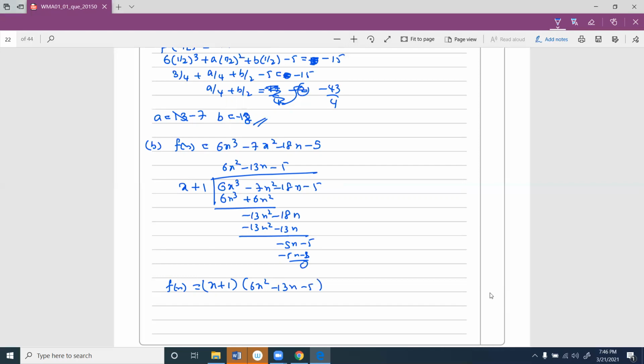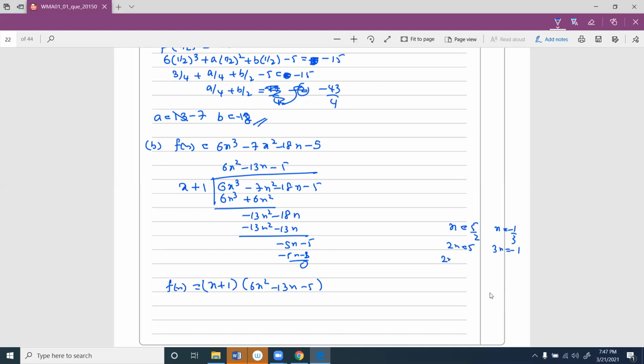Now check whether this can be factorized further. You can use the calculator and make sure, and after that you can do the manual factorizing. I just put in 6, minus 13 and minus 5. Then you get two answers: x equals 5 over 2 and x equals minus 1 over 3. From here you can write 2x equals 5 and 3x equals minus 1.